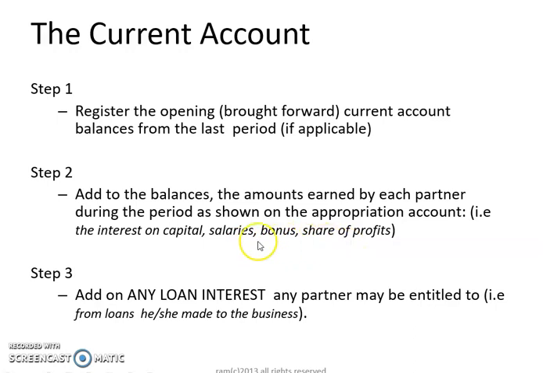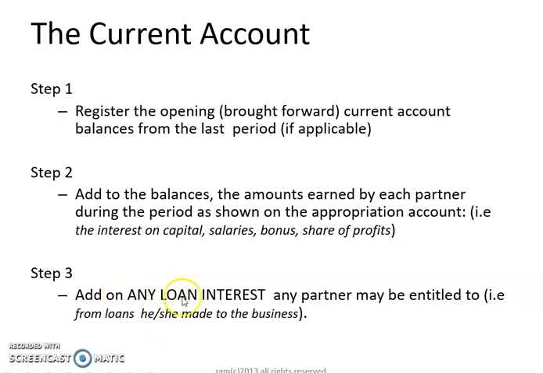And then what you do is, if any of the partners had loaned the business money, then any interest that is being paid out to them, you would now have to include it in their share, in their gain on equity, right? Because obviously the money is theirs.